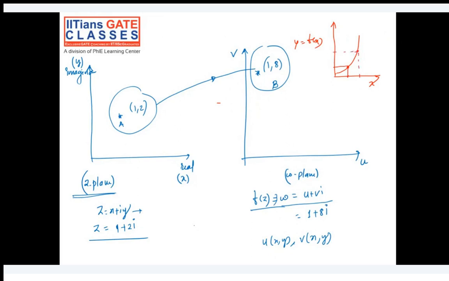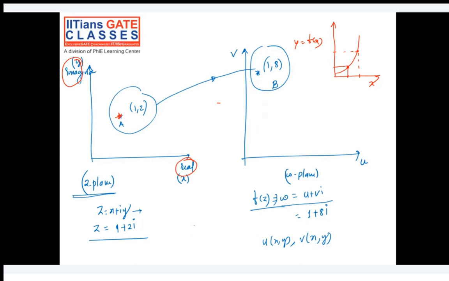But in the case of complex numbers, we cannot draw the complex function on the same graph. Why? Because to draw the complex number itself, we need one full 2D graph, because in complex numbers we have a real axis and an imaginary axis. So to represent a point A, or a complex number itself, we need a graph.